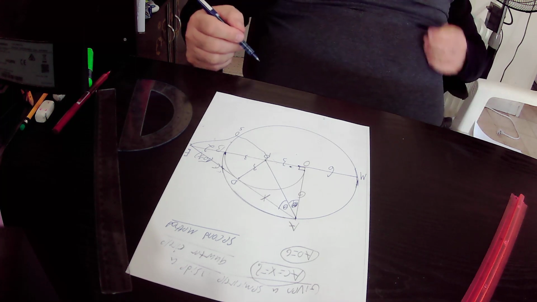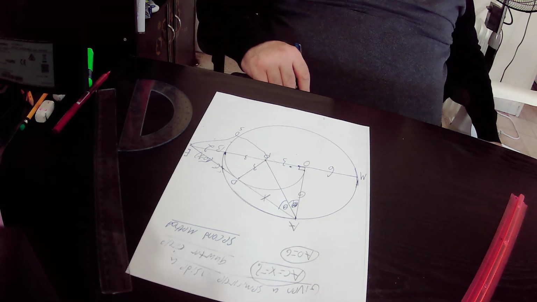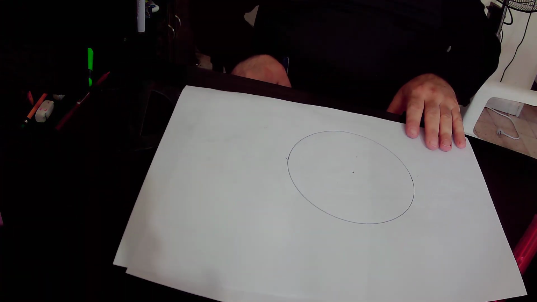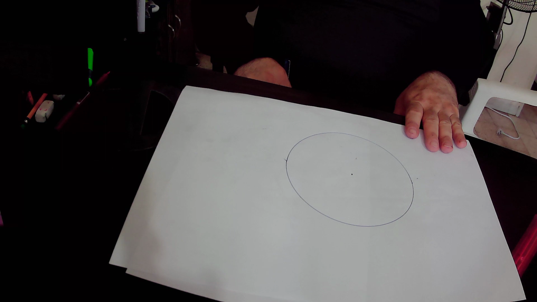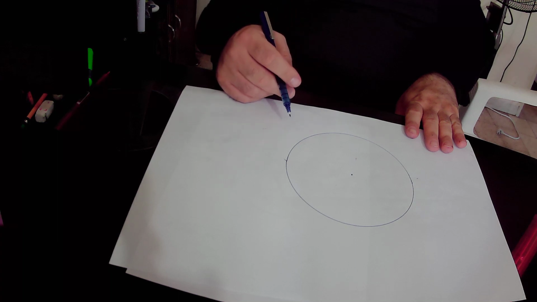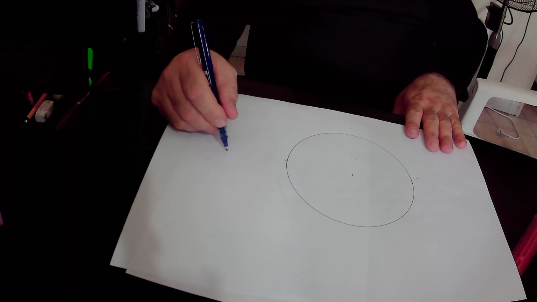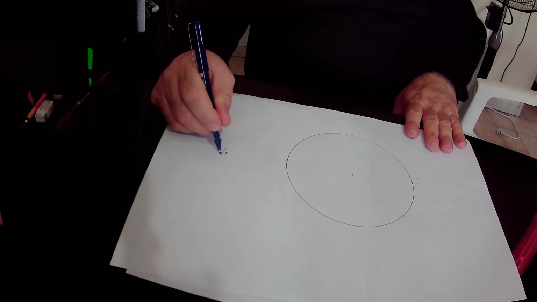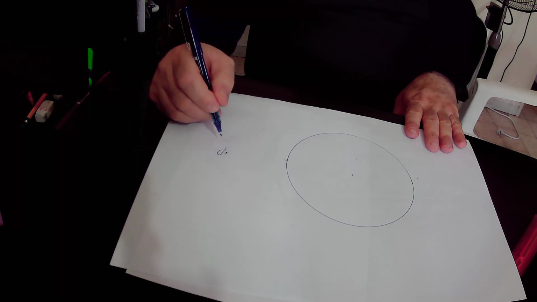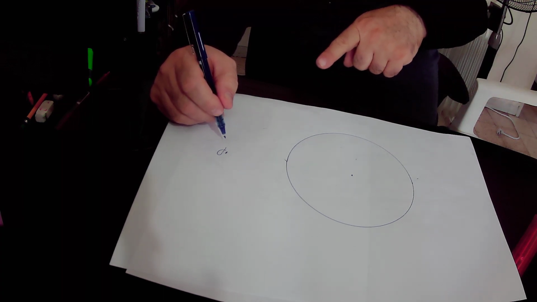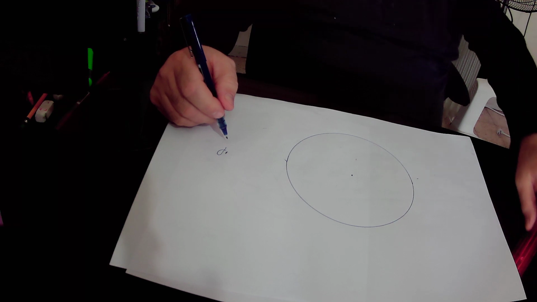In the next step, I will present to you a new rule. If we draw from an external point of this circle two chords to this circle, point P is an external point of this circle.